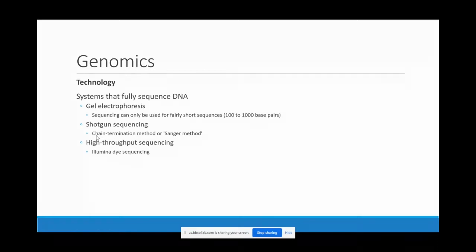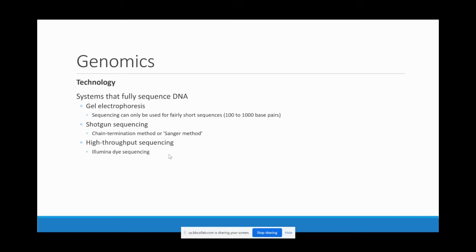But remember, it's going to be using either a radio label or fluorescence to read out each of those base pairs that come. So you could get A, T, T, whatever, etc. Another type of sequencing technology that is used is called high throughput, and this uses, in particular, something called Illumina dye sequencing.